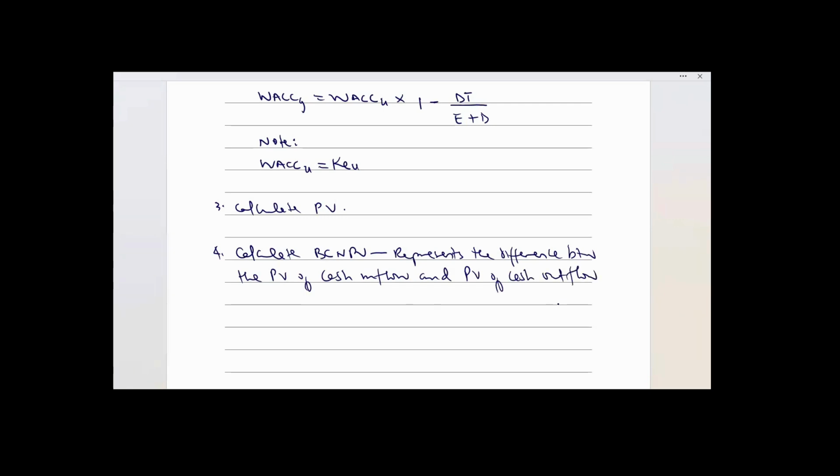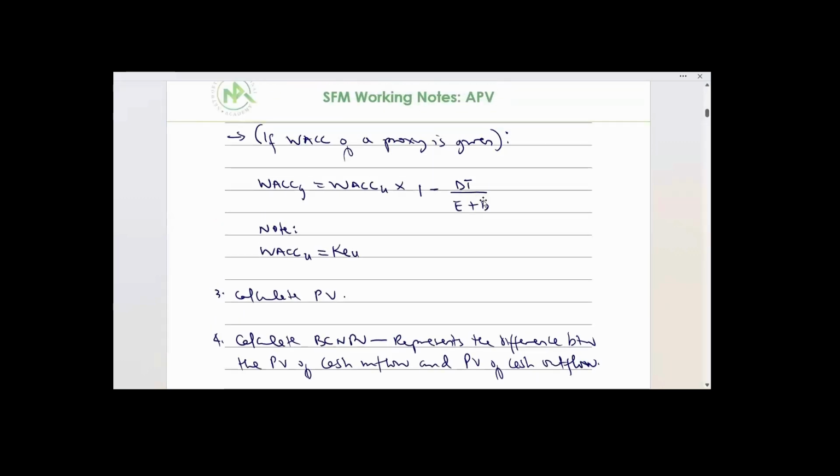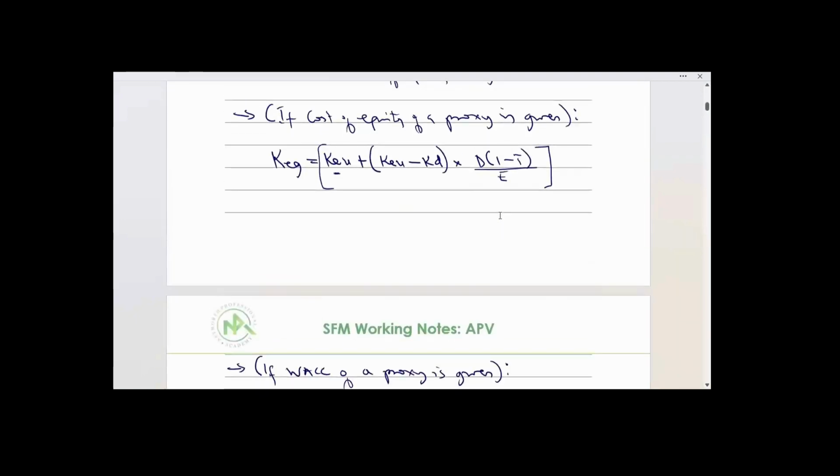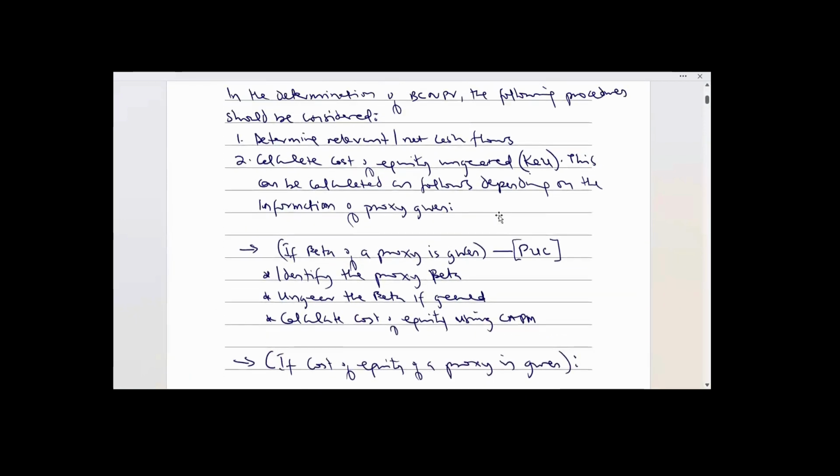So that will give you the base case NPV. Once you have your base case NPV, you keep it on one side. Then you now go to the second part of your APV. Okay then. So these are the 4 procedures that you're going to carry out whenever you want to calculate base case NPV.